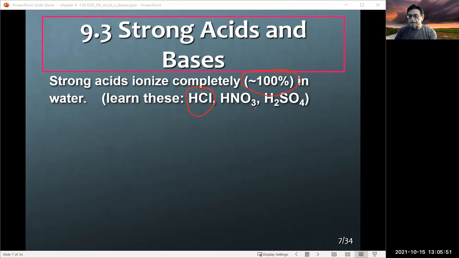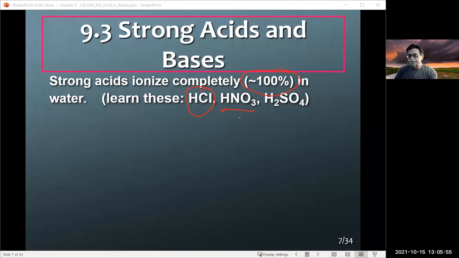Another strong acid is nitric acid. Notice the NO3. Does that look familiar? Nitrate. We'll get into the naming of these when I'm done with this chapter, and we'll talk about the resources. The nitrate, when we put that hydrogen back on, we produce nitric acid.